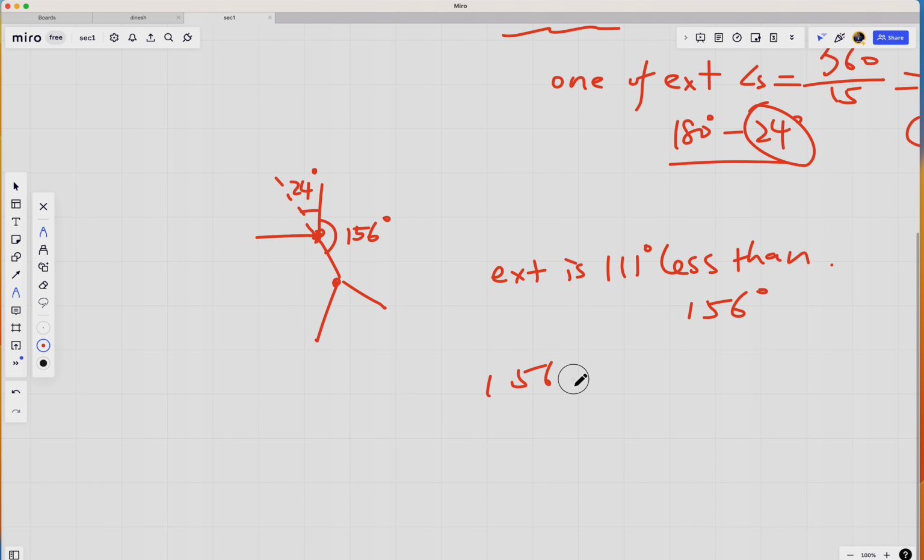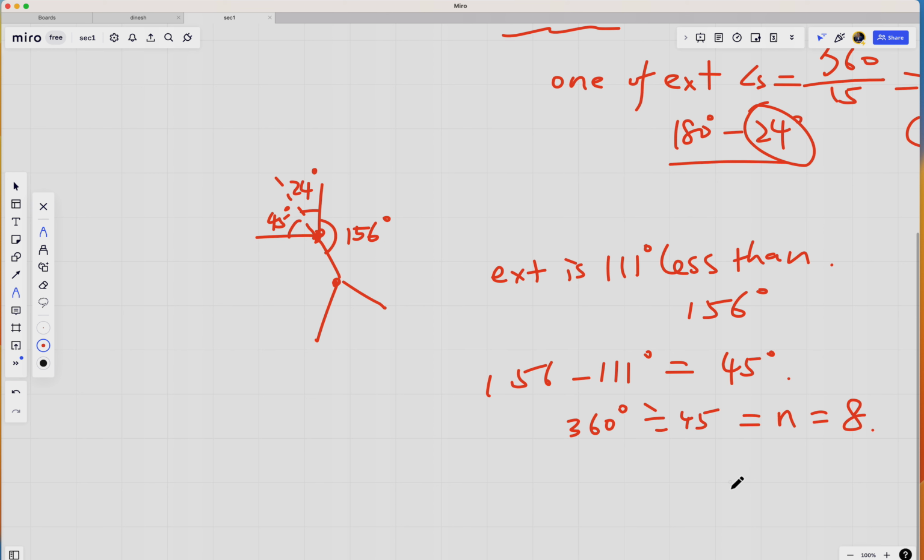So 156 minus 111 is 45, right? So 45 is the exterior angle of this one. So it's just 360 divided by 45. That's your n, which is 8.